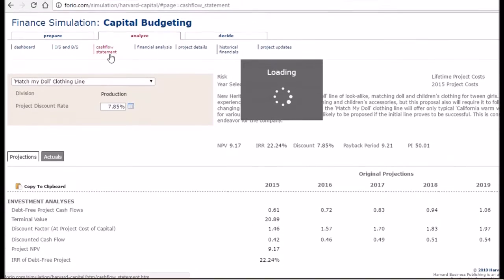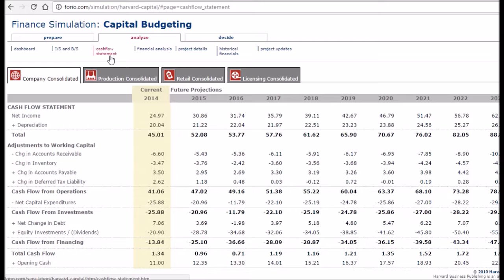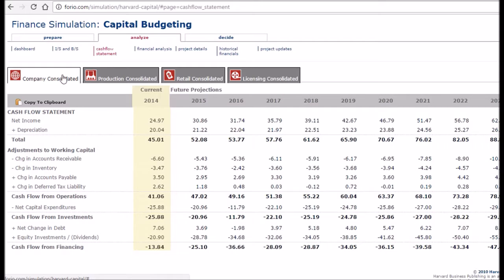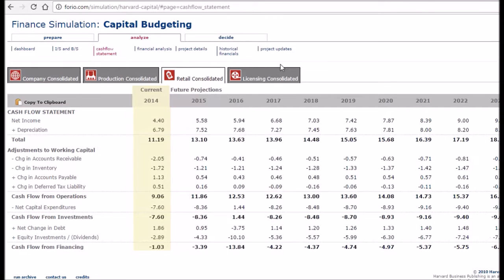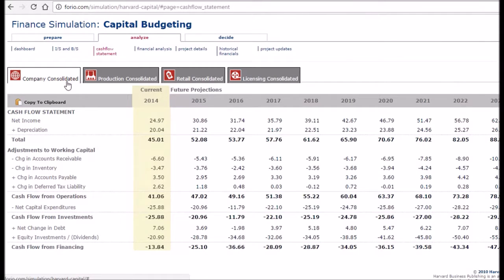So then I went to my cash flow statement, and again, I looked more at the company tab than the production, retail, or licensing, but I did kind of look at them. I mostly tried to find patterns.